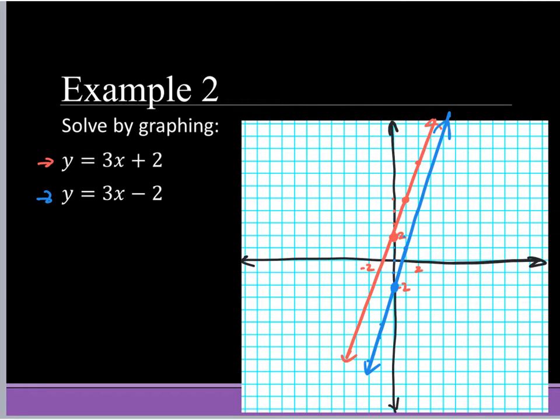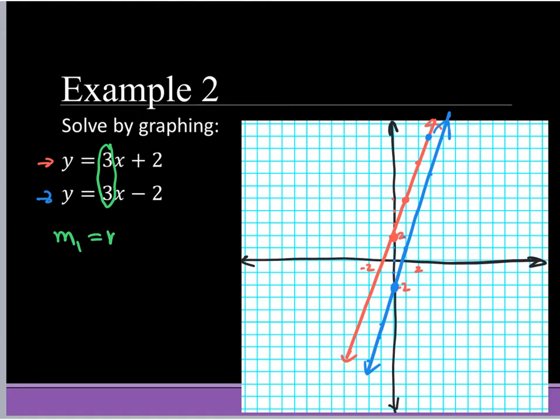And what you'll notice here is that both of these graphs are actually parallel. Now, if you remember from the 6-6 video that we watched in the last unit, you may have noticed that they were going to be parallel from the beginning because both of these equations in slope-intercept form have the same slope.